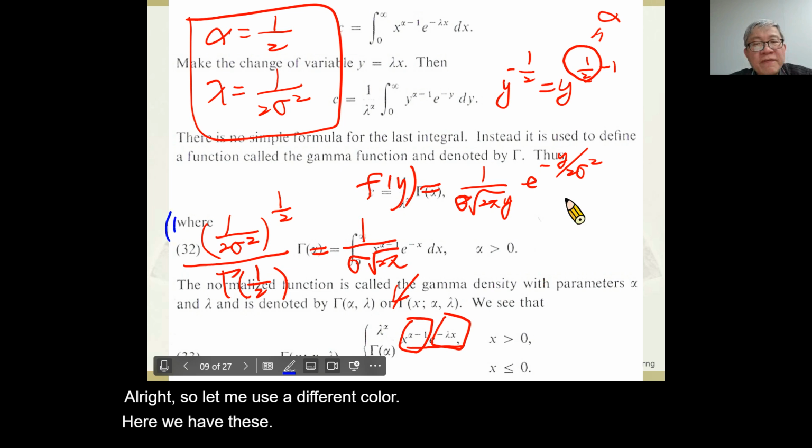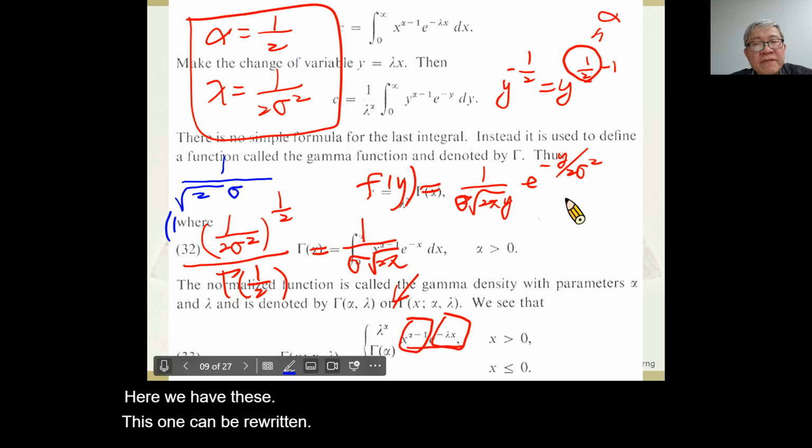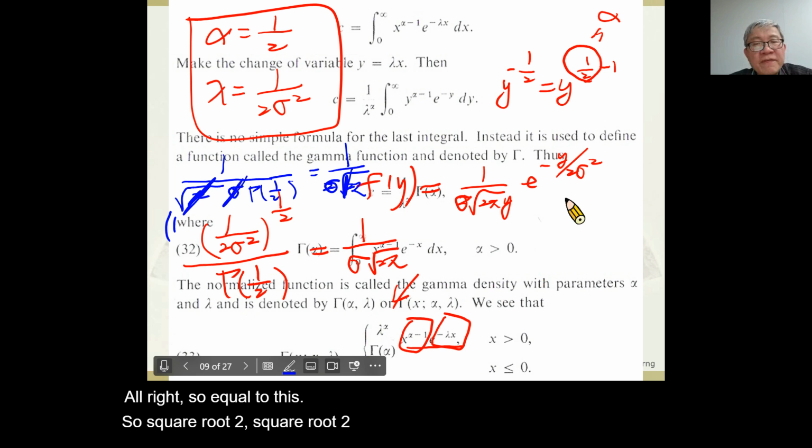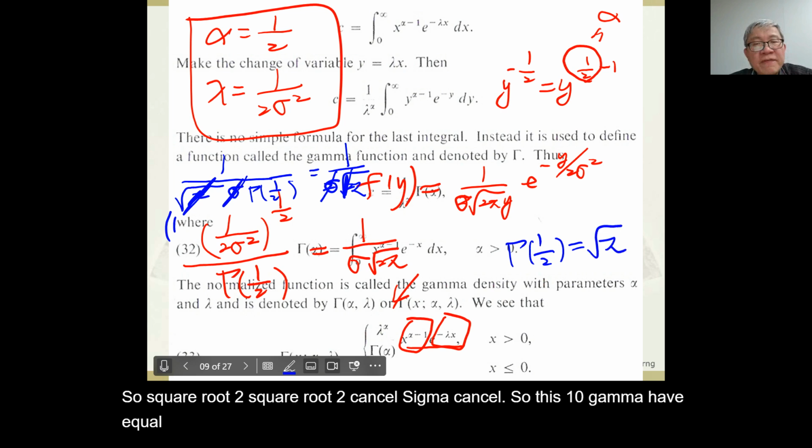This one can be rewritten, so equal to this. Square root 2 cancels. Sigma cancels. So this one, gamma a half, equals square root pi.